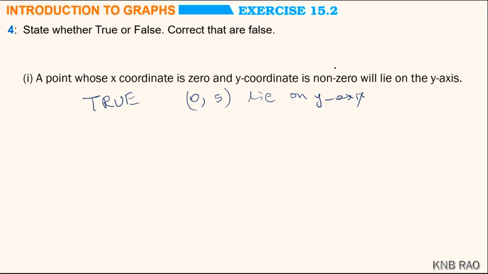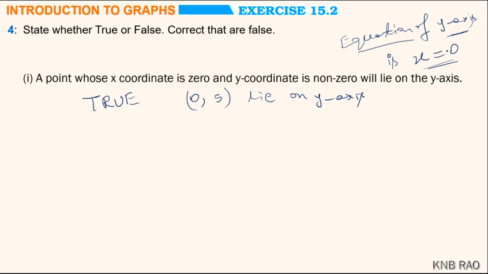In your class 9th and 10th, you will be learning the equation of y axis, which is x equal to 0. Very important bit in class 10th. For that reason only, every point lying on y axis will have its x coordinate 0.